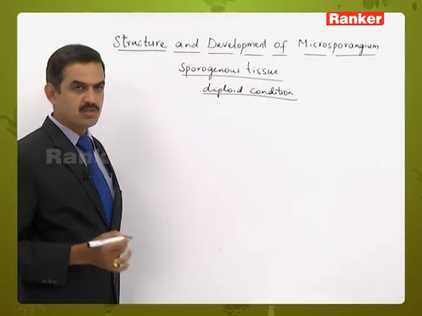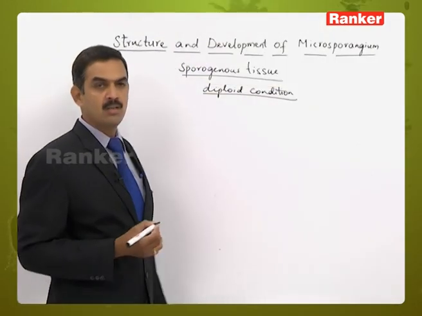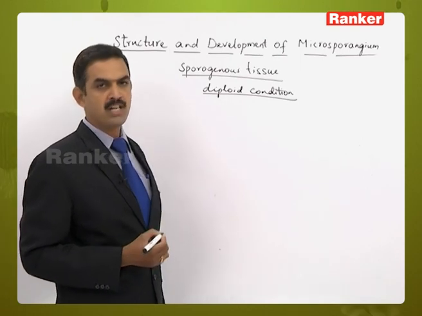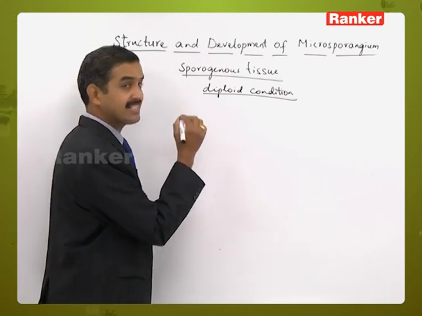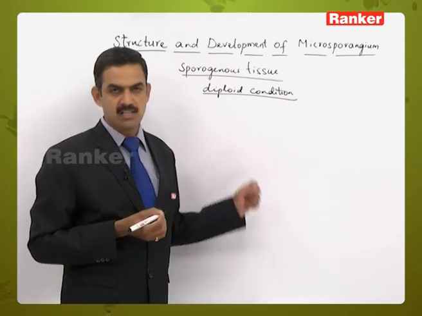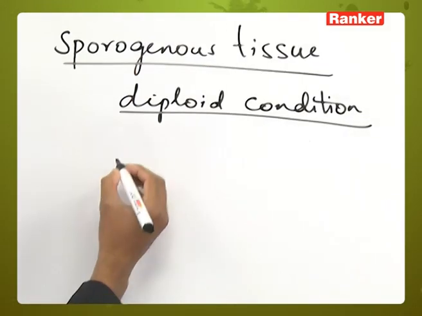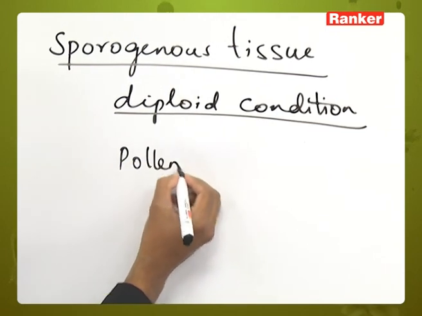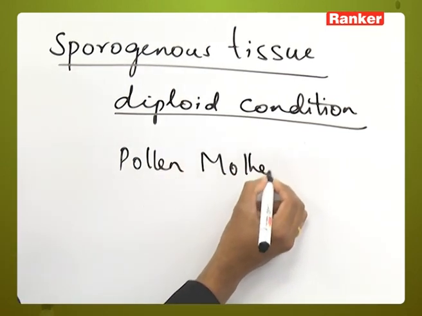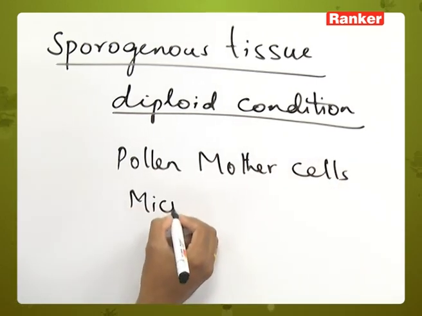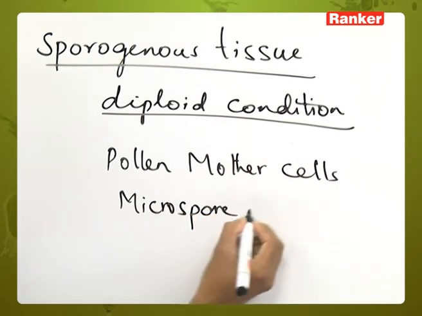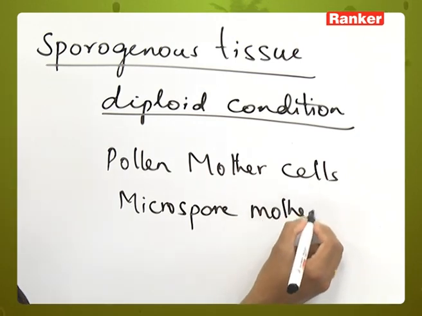Initially, each sporogenous cell will undergo mitosis to form pollen mother cells, or otherwise we can call them microspore mother cells.